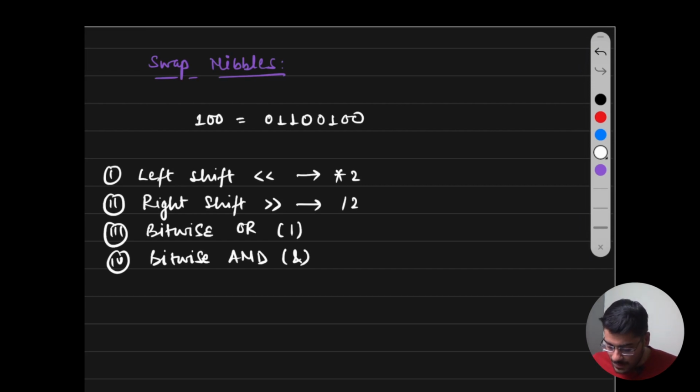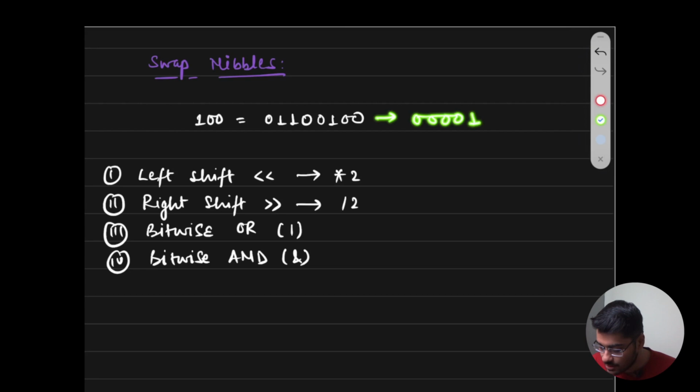So if we apply right shift by 4 on this number, won't this change to 0, 0, 0 and then 0, 1, 0? From where are these zeros coming? These zeros are coming from filling of the 8 bit number.